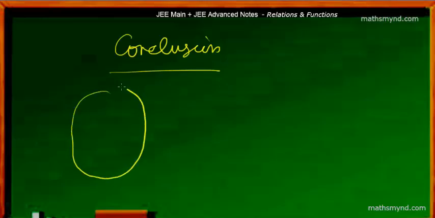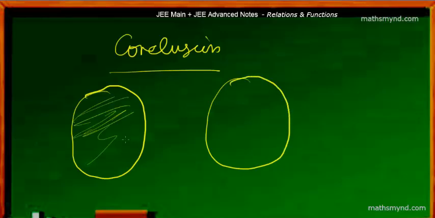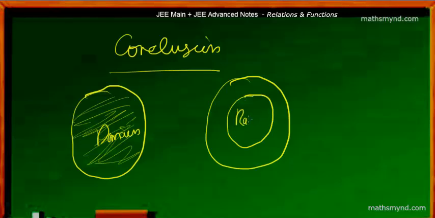So the diagram would be something like this. This is the domain, and here you have the range coming inside the codomain, which simply means that if I denote range as R, then R would always be a subset of the codomain.